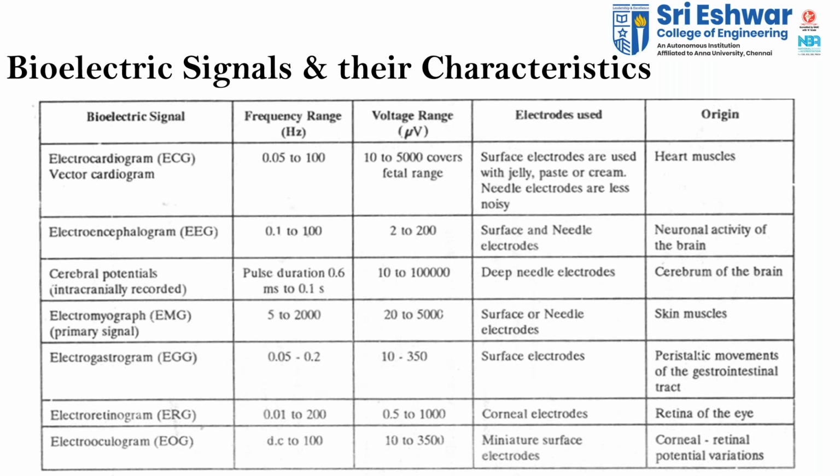For electrogastrogram, 0.05 to 0.2 and 10 to 350, surface electrodes can be taken. And electroretinogram is 0.01 to 200 hertz and 0.5 to 1000 microvolts.